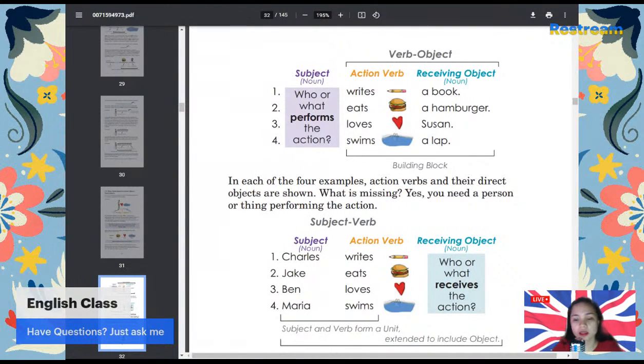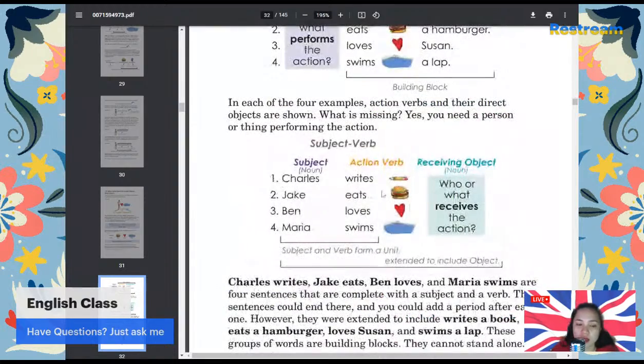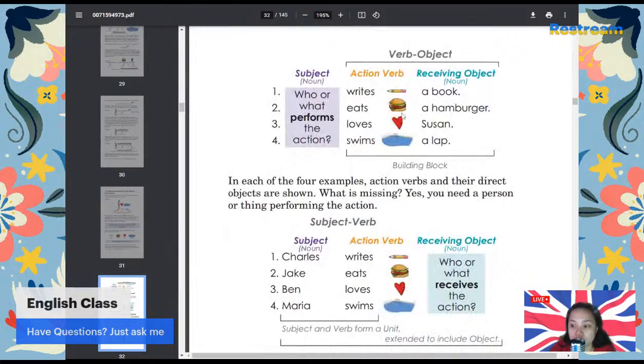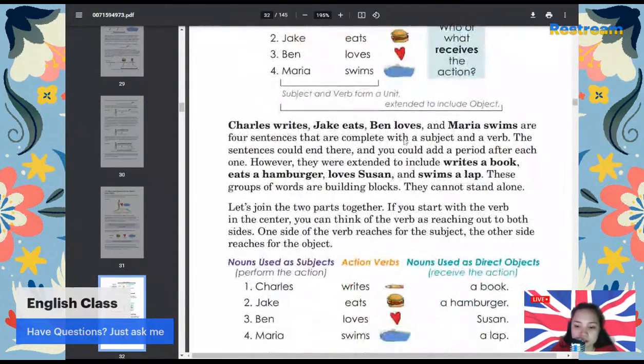As you can see, we have a complete sentence for four, but without the subject. There is an action verb, and on the other side there is also a receiving object. This time we have a complete sentence because we have a subject and an action verb, but there is no receiving object here. So it focuses on the subject verb, while here, the verb object.